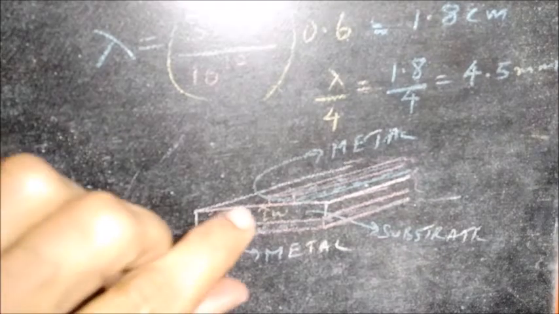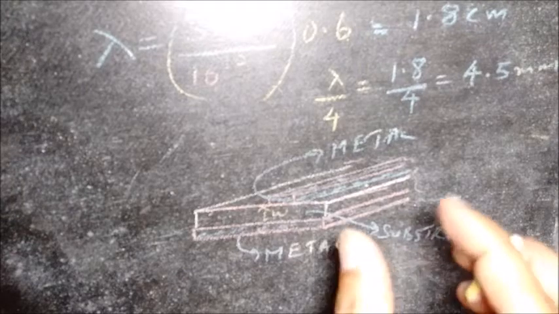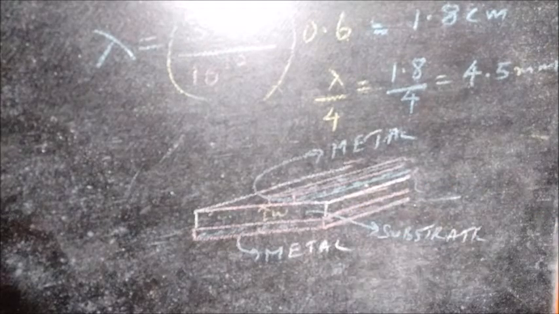So while fabricating, you have to adjust W. There is a formula, of course, which is not relevant to the present discussion, which relates W to the characteristic impedance. So you have to adjust W such that you get the characteristic impedance of 122.5. And as we saw here, the length will be 4.5 millimeters, very small, since it is a microstrip line which operates at very high frequency.